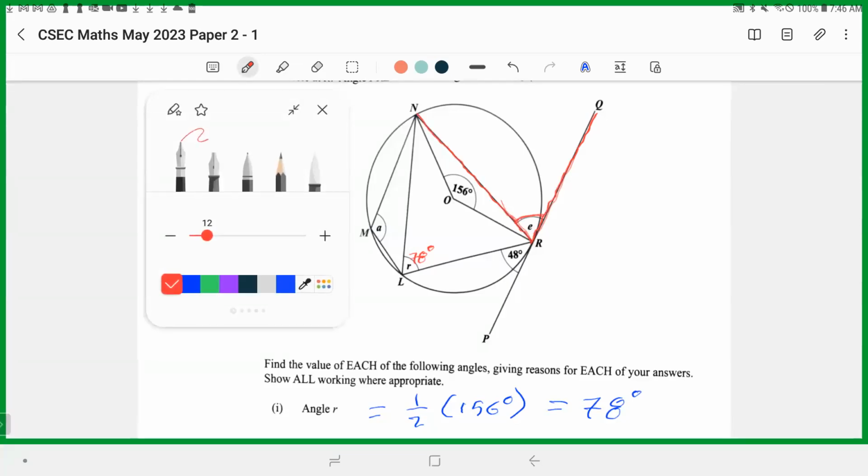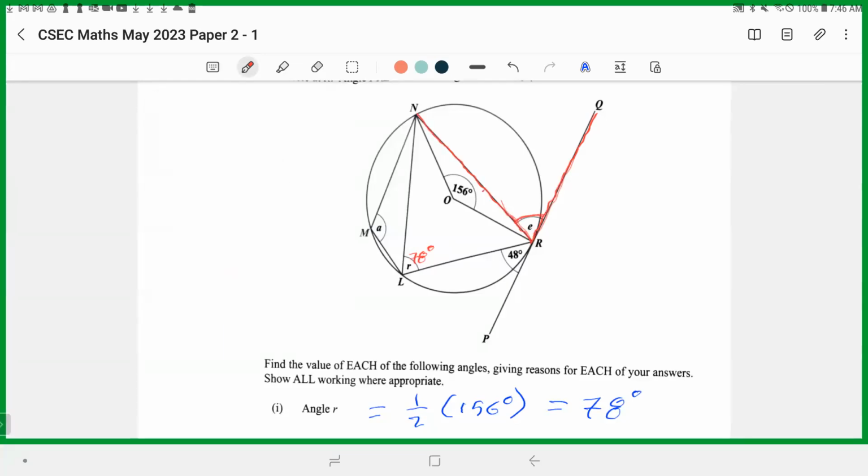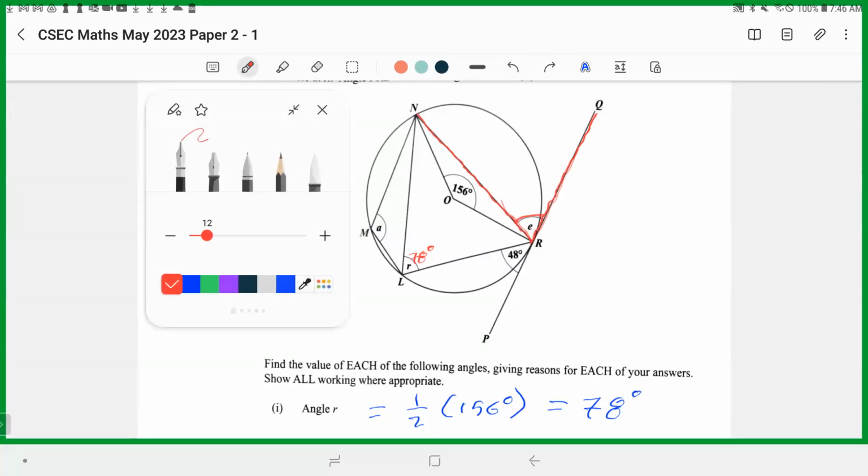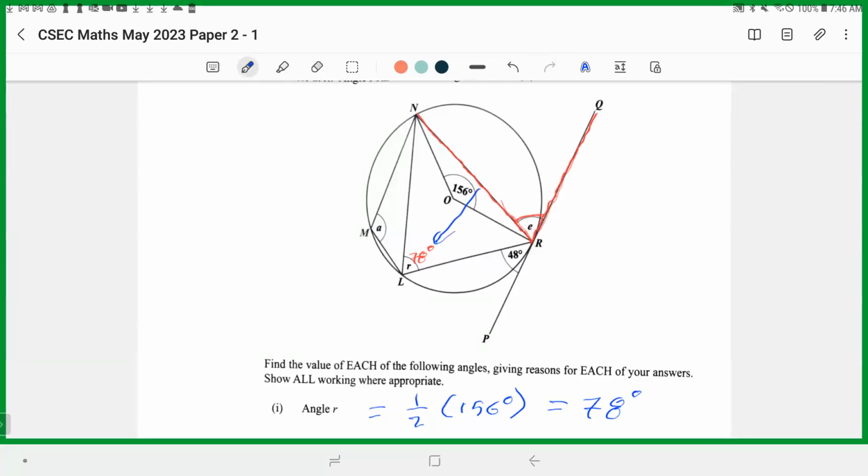The angle between a tangent and a chord is equal to the angle subtended by the same chord at the circumference in the alternate segment of a circle.